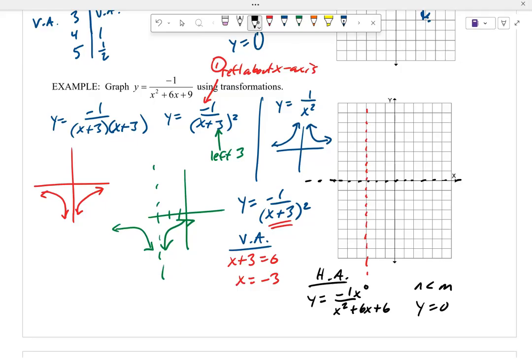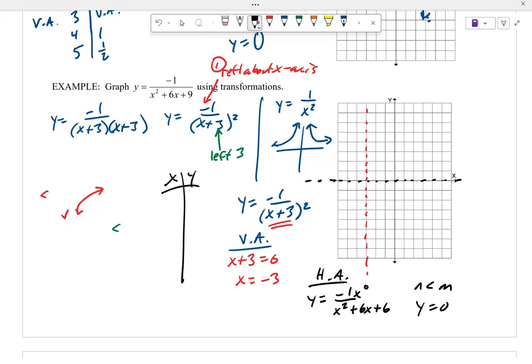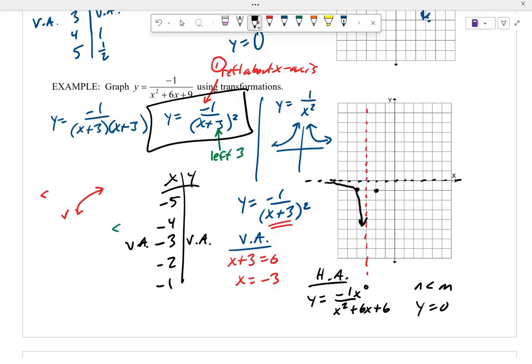And then again, I would just graph a bunch of points to get a feel for this, around my vertical asymptote. I'd pick points to the left, points to the right, plug them in one by one into my function, and then graph it. It should look the same as if you did it with transformations.